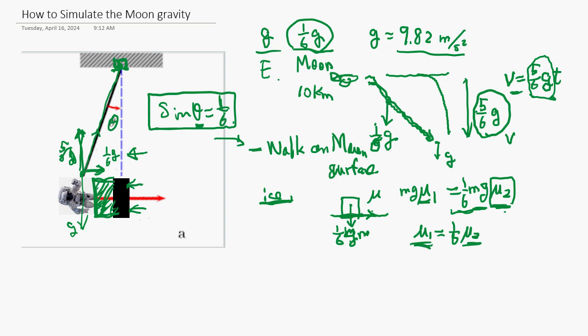It's like a rough surface ice. So walking is a challenge. You have to walk slowly, very carefully. And jumping seems to go very high.